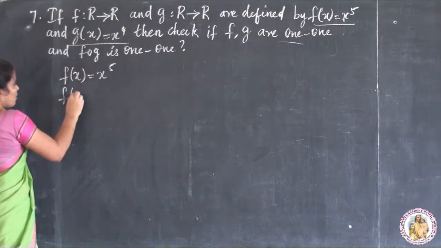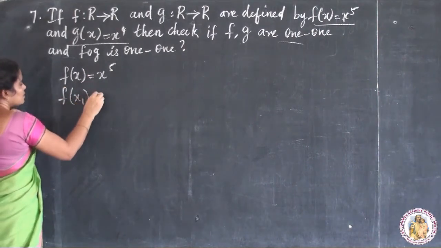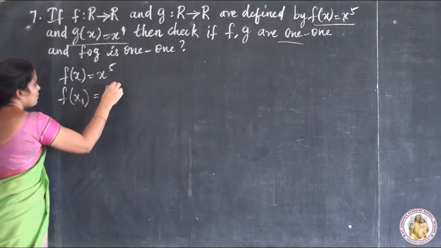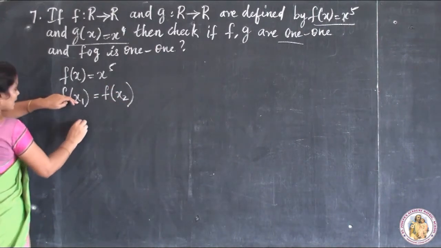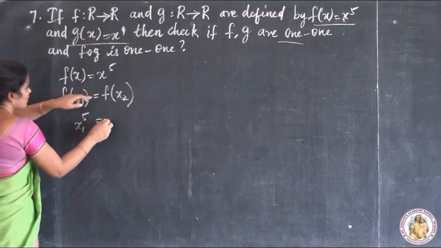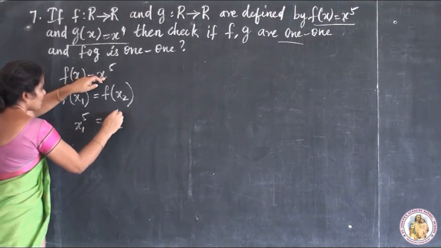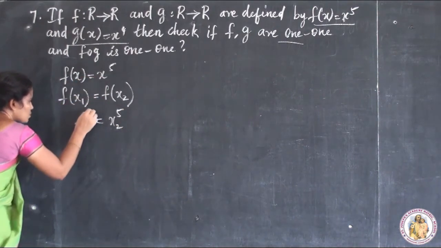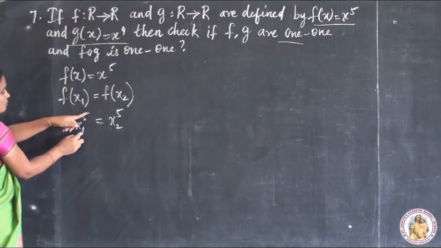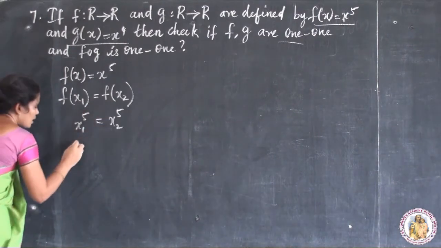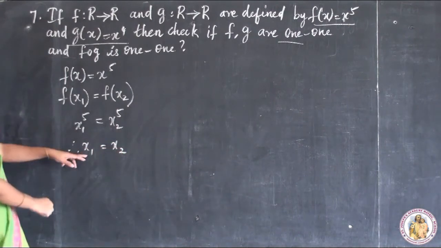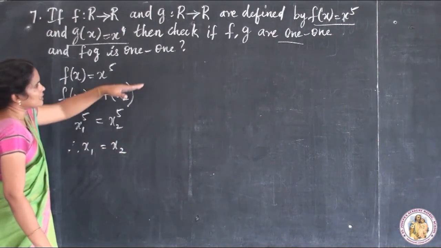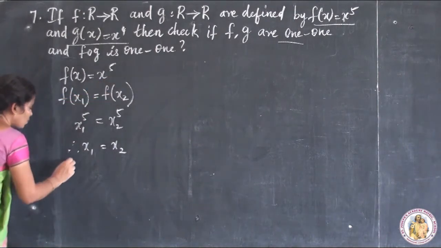Here taking f of x1 is equal to f of x2. For x1 take x1 to the power of 5 is equal to x2 to the power of 5. So the powers are equal, therefore x1 is equal to x2. If x1 is equal to x2, then it is declared that it is a one-to-one function.